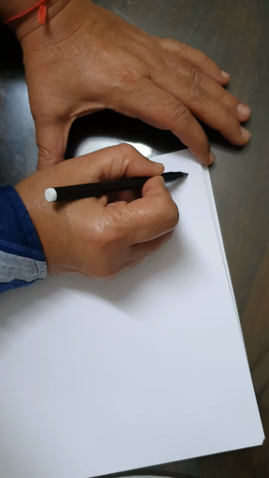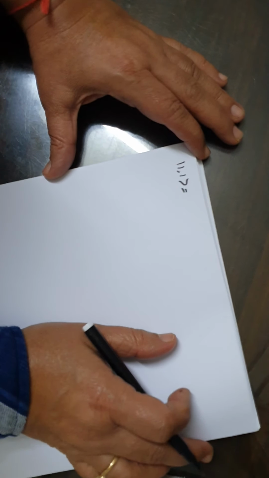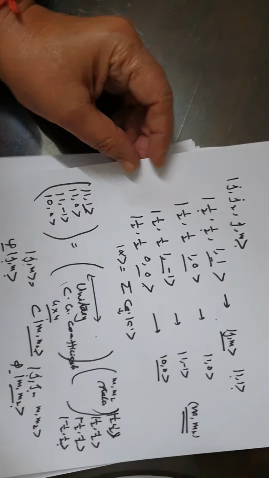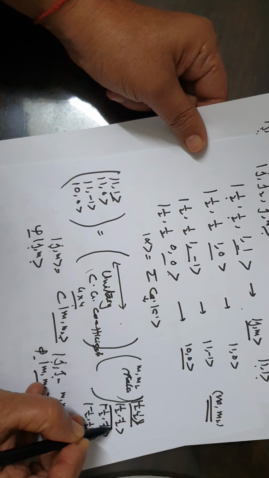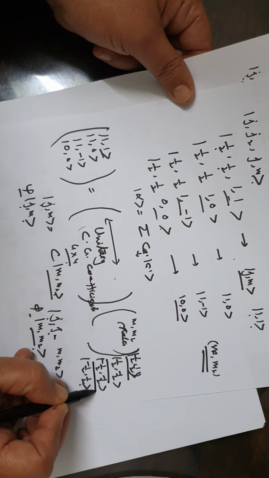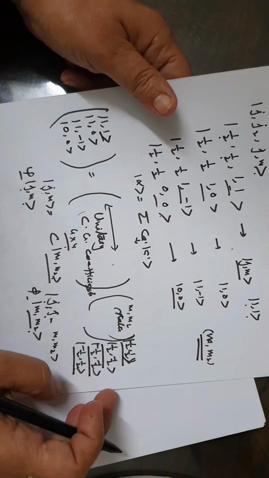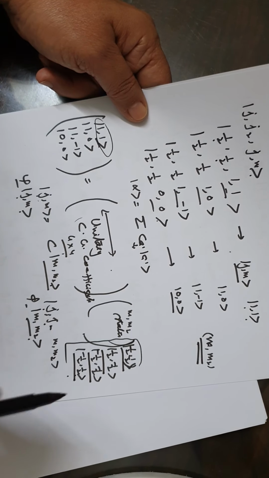Now the 1 1 state will be expanded in terms of the 4 states. Those 4 states are the M1 M2 states: 1 by 2 1 by 2, 1 by 2 minus 1 by 2, minus 1 by 2 minus 1 by 2, minus 1 by 2 and 1 by 2. Let's expand this 1 1 state in terms of these 4 states.